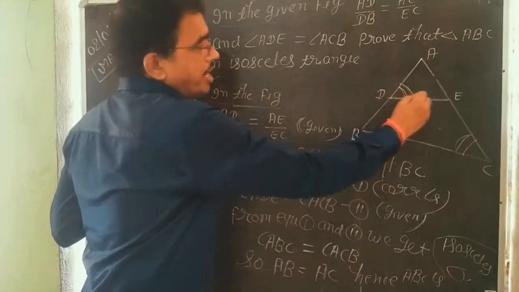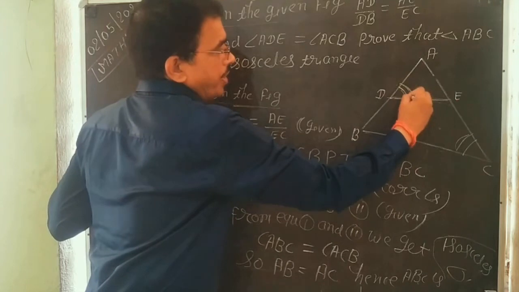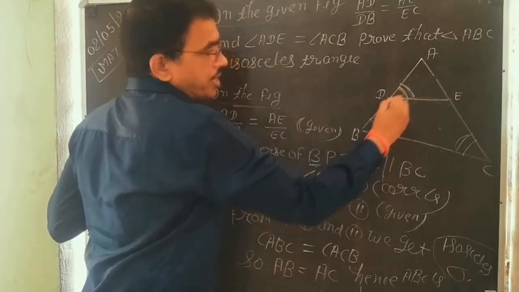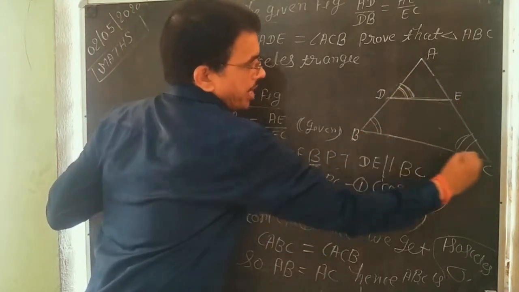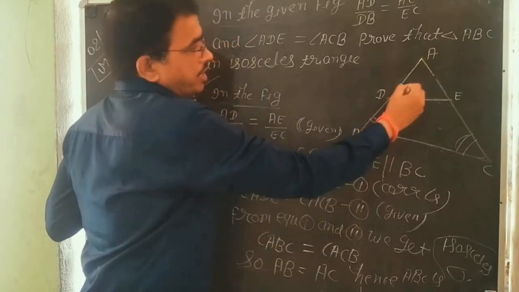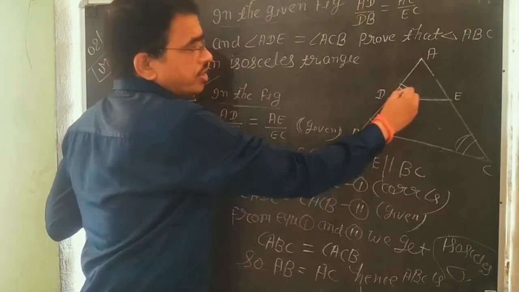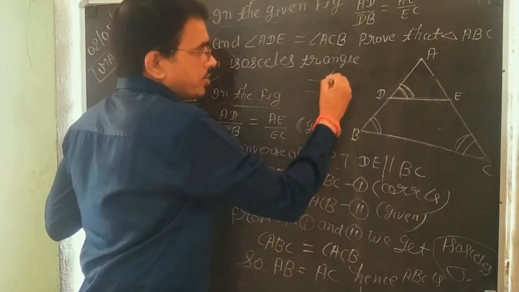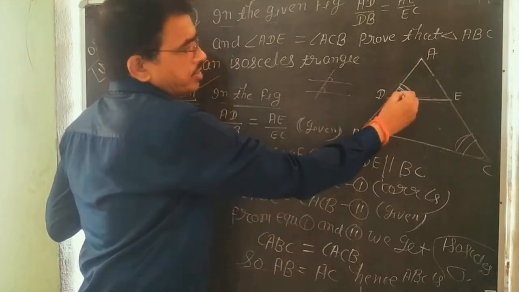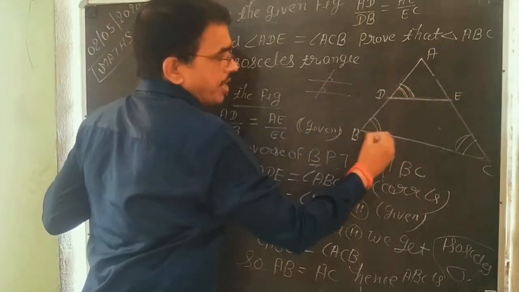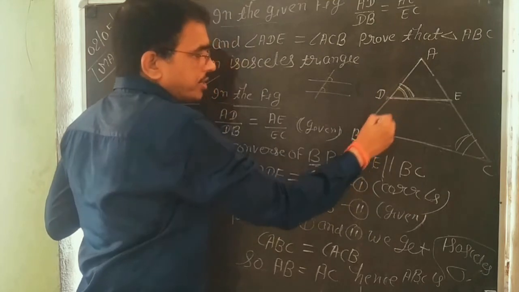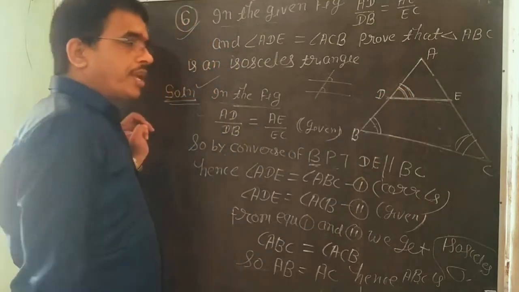If this line DE is parallel to BC, then what is the relation between these two angles? These lines are parallel and this is the transversal. So these angles are called corresponding angles. Similarly, DE is parallel to BC, so these angles are corresponding angles, and corresponding angles are always equal.